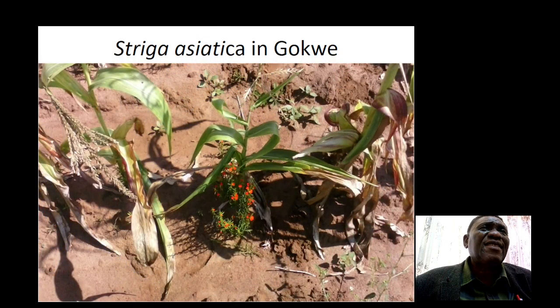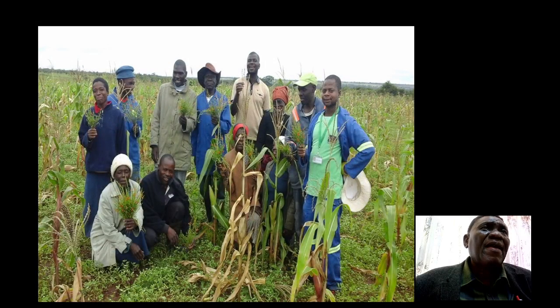Again, short plants due to Striga asiatica in Gokwe. Here it's a field where we have Striga asiatica. This is actually in Gokwe where we have farmers. This is in the field.